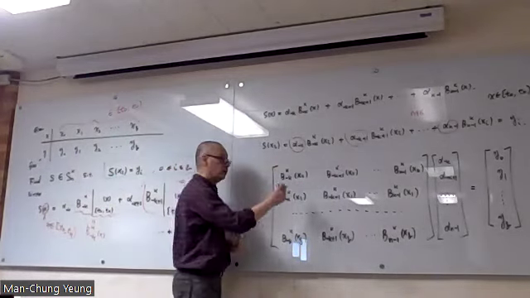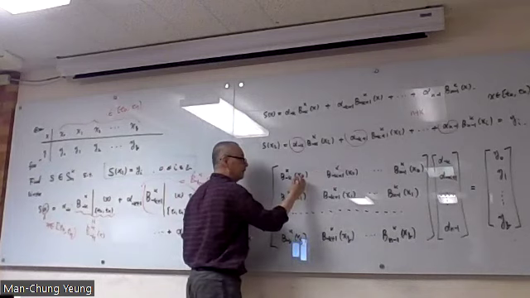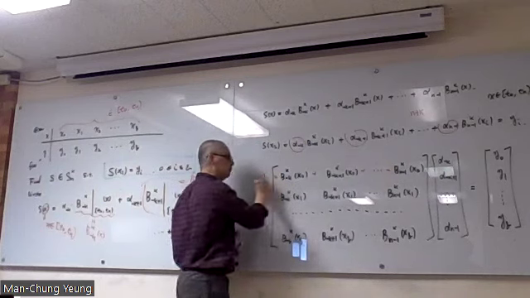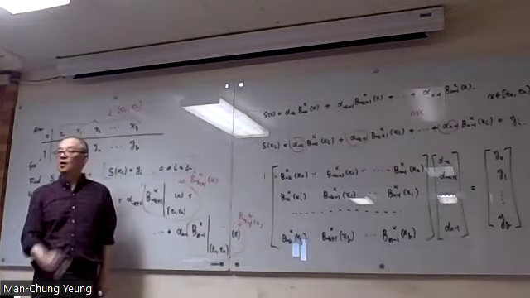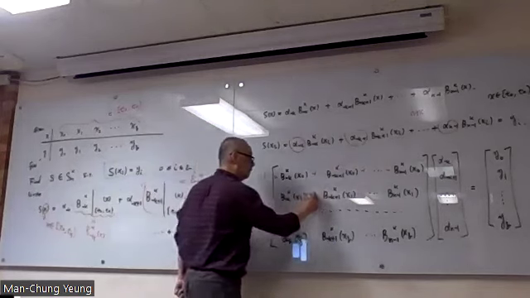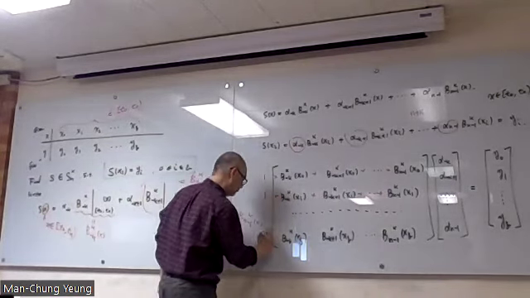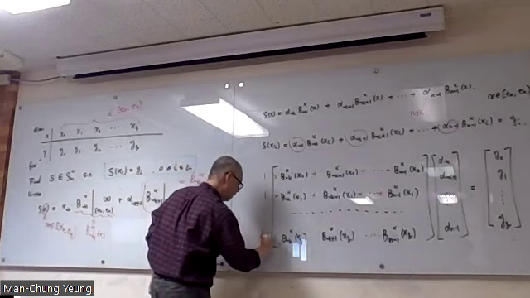Each row, if you add them, the row sum is equal to 1 according to the property.